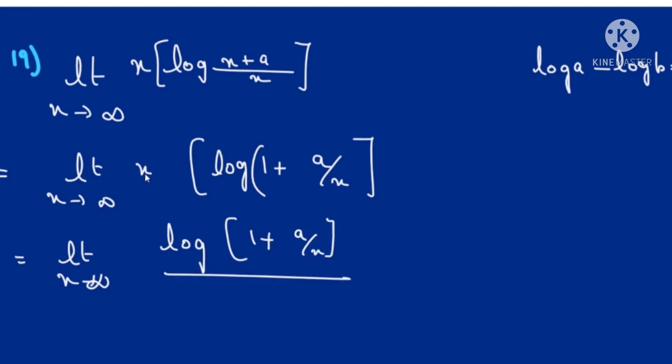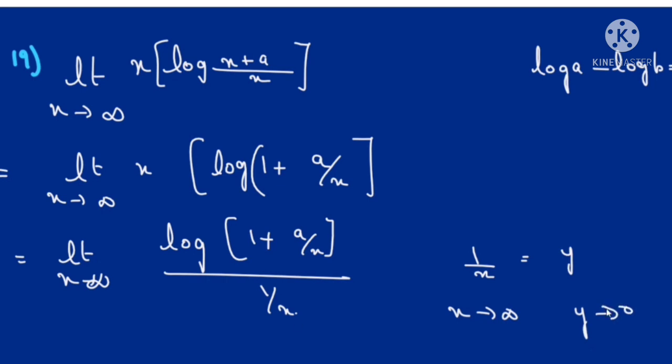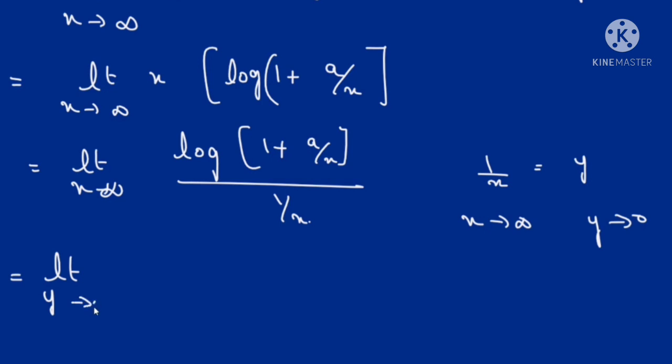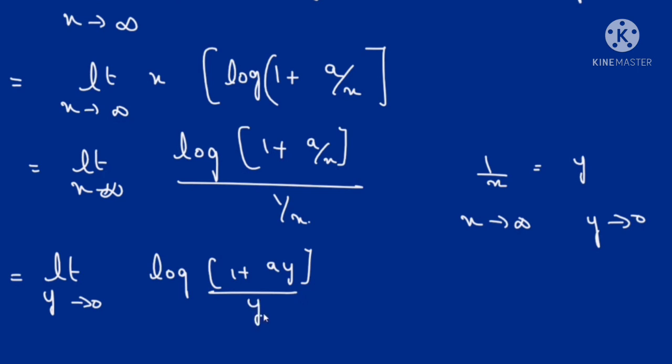You can write this x here as 1 by x. Put 1 by x as y. When x tends to infinity, 1 by infinity will become 0, so y tends to 0. So this will become limit y tends to 0, log 1 plus a into 1 by x, and 1 by x is y, so a y by y.